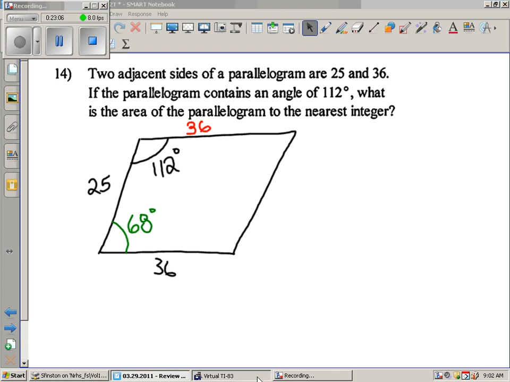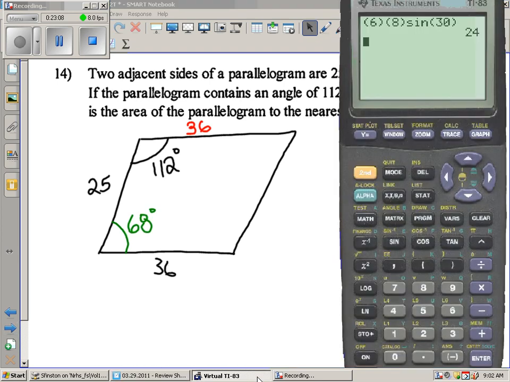68. I know what you're saying to yourself. You're saying to yourself, self, that's a different degree amount. Check this out. If you do 25 times 36 sine 68, or you do 25 times 36 sine 112, you get the same answer.